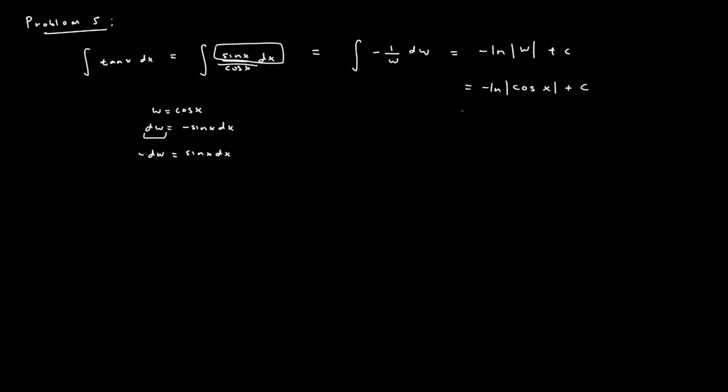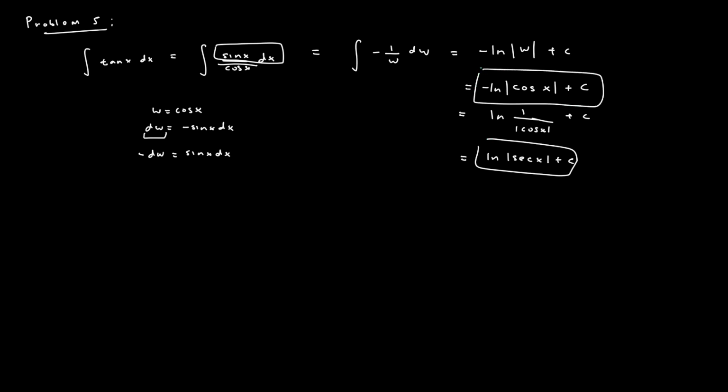And if you want, you can rewrite this as ln of 1 over absolute value of cosine x. This is just coming from the properties of logarithms. That's the same thing as ln of absolute value of secant x plus c. So either one works. It's really just up to you.